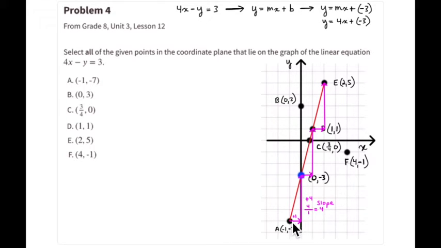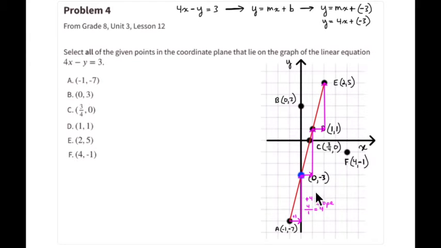If I go over 2 units, there's an 8 unit change in the y direction. So 8 divided by 2 is 4. If I go over 3 units, 1, 2, 3, then there's a 12 unit change: 4, 8, 12. 12 divided by 3 is 4.